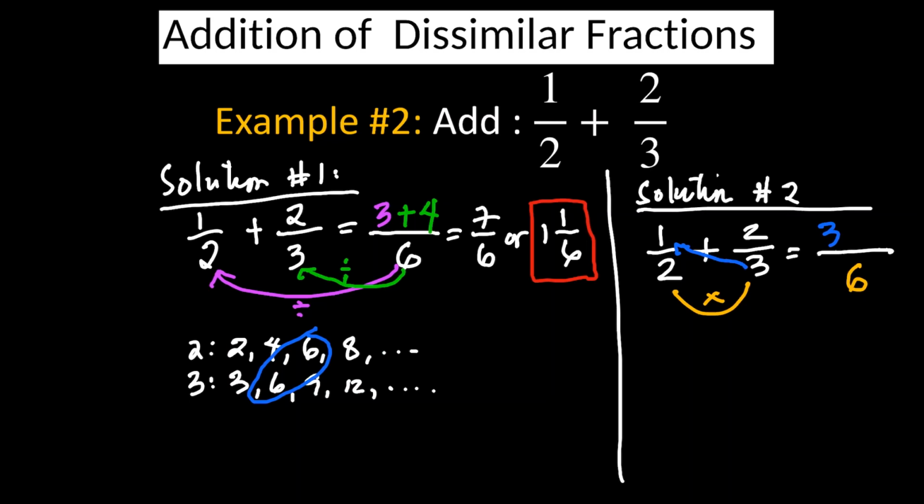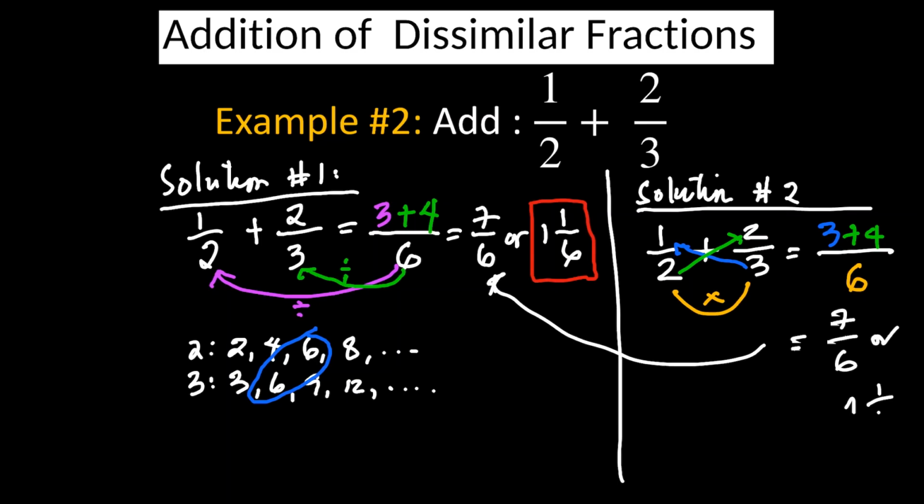That will give you 3. And then you multiply 2 and 2 here in the numerator. So 2 times 2 will give you 4. And 3 plus 4 will give you 7 over 6. You have the same result, or 1 and 1 over 6.